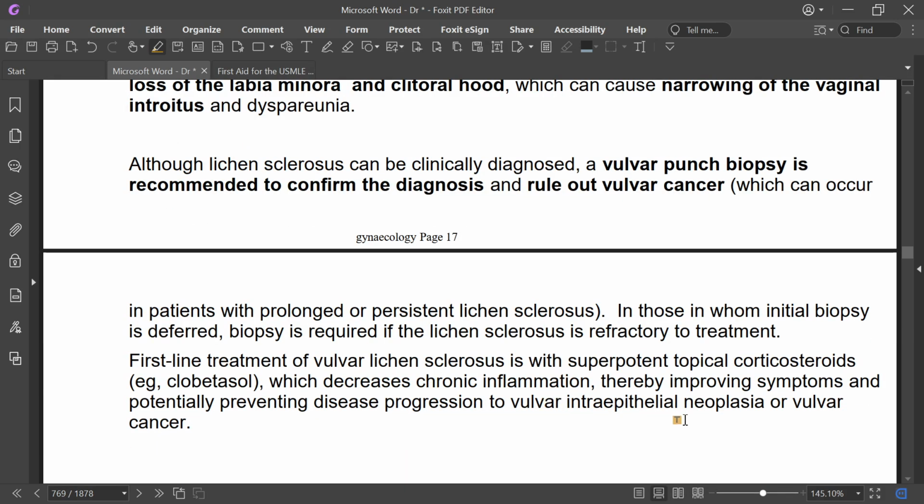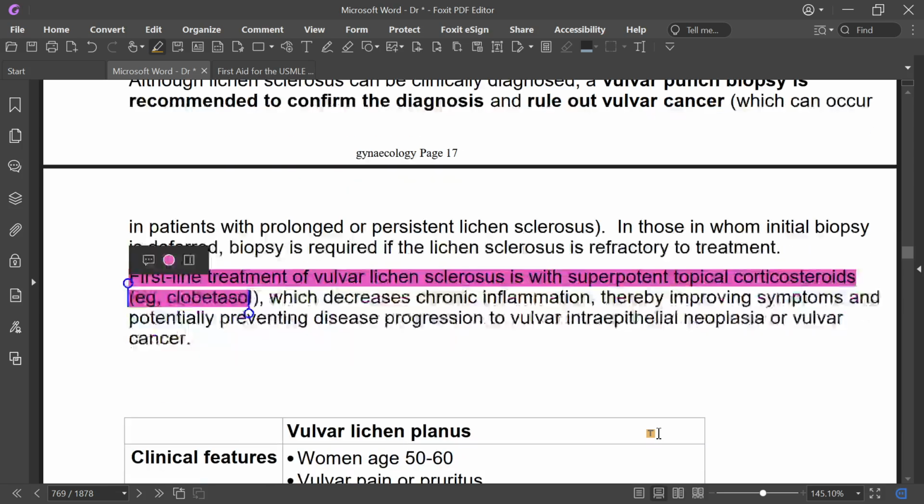First treatment for vulvar lichen sclerosus is a super potent corticosteroid, clobetasol, which decreases the chronic inflammation, thereby improving the symptoms and potentially preventing disease progression to vulvar intraepithelial neoplasia or vulvar cancer.